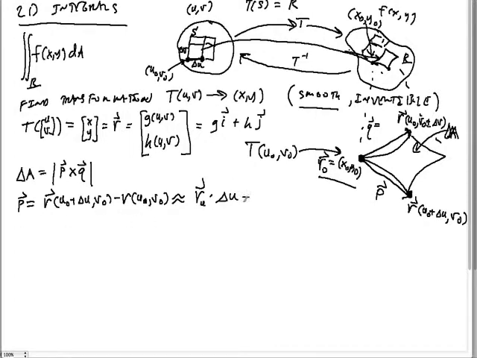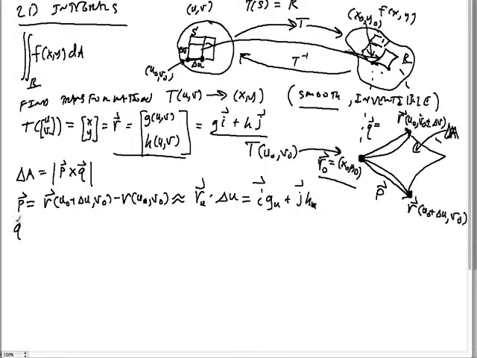What's the u derivative of this function here? It's going to be i times g_u, the partial derivative of g with respect to u, plus j times h_u, the partial derivative of h with respect to u.